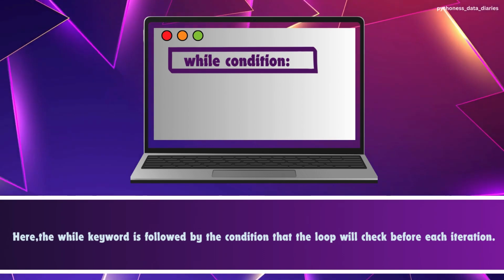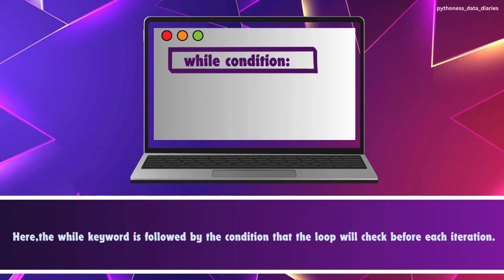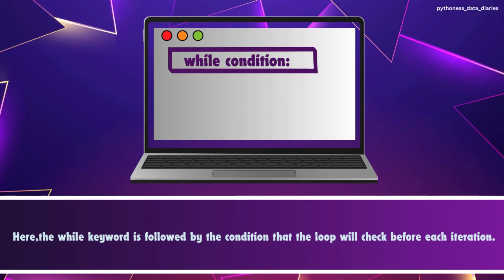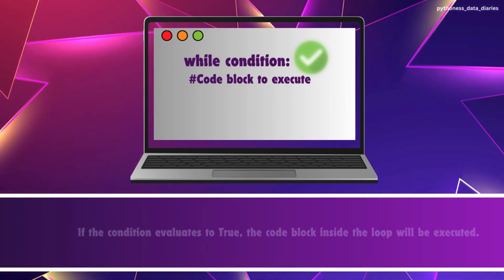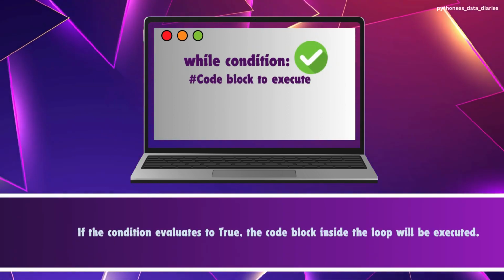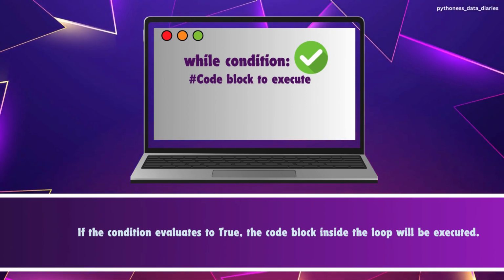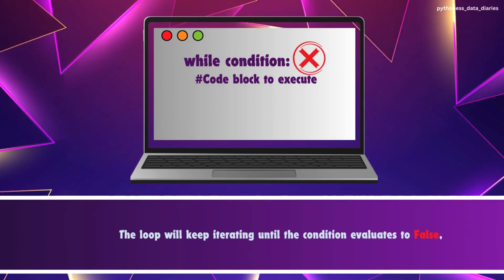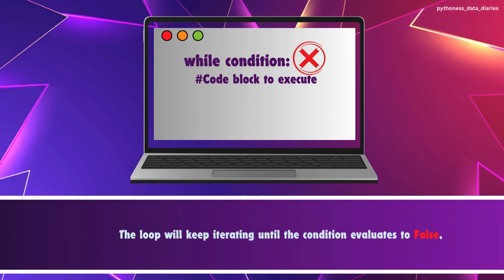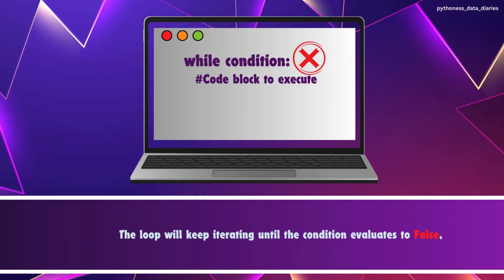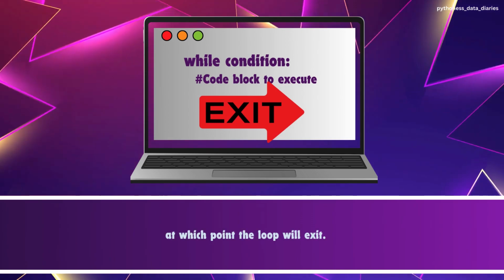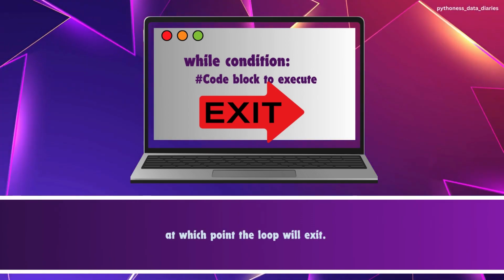Here, the while keyword is followed by the condition that the loop will check before each iteration. If the condition evaluates to true, the code block inside the loop will be executed. The loop will keep iterating until the condition evaluates to false, at which point the loop will exit.